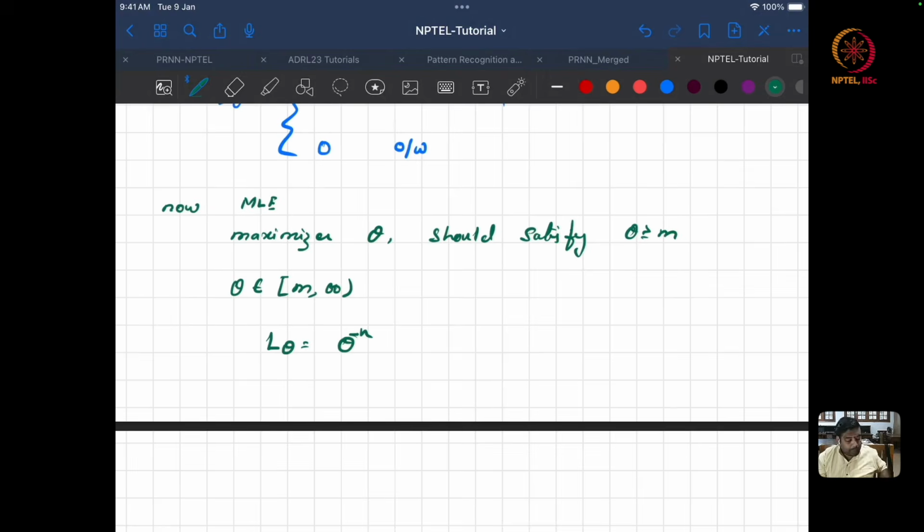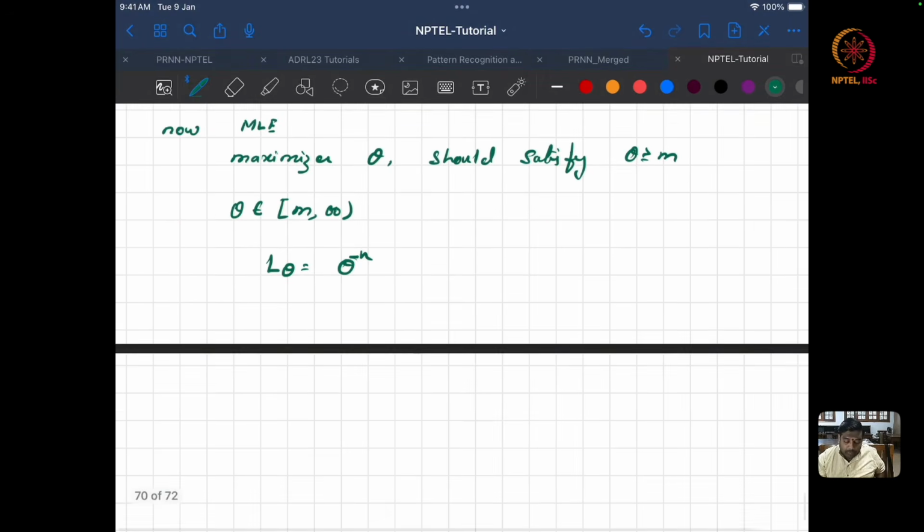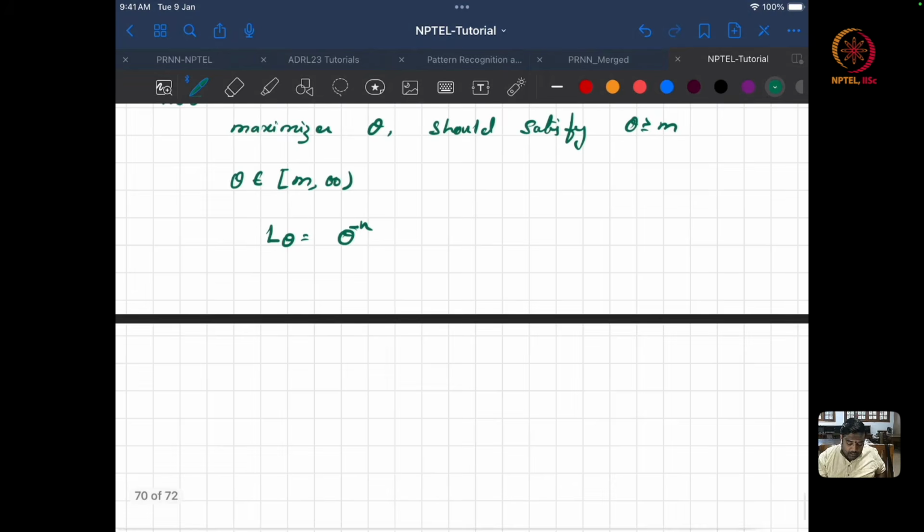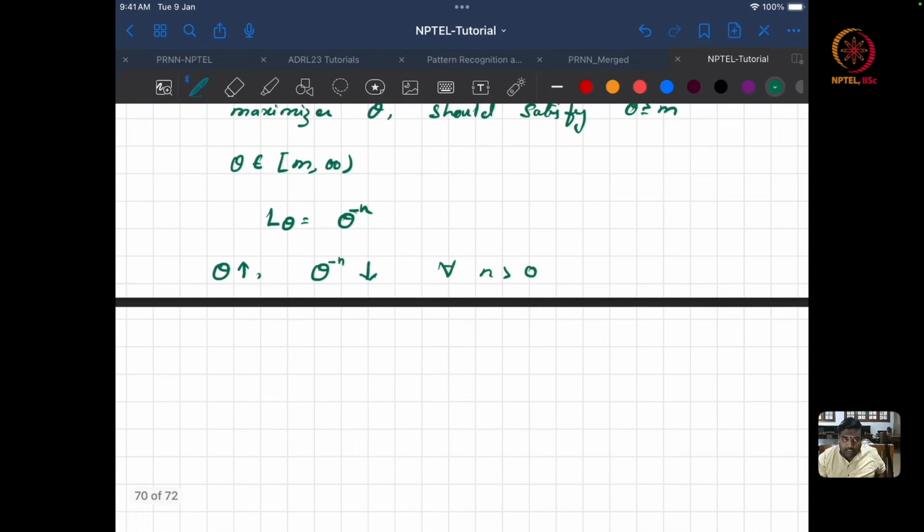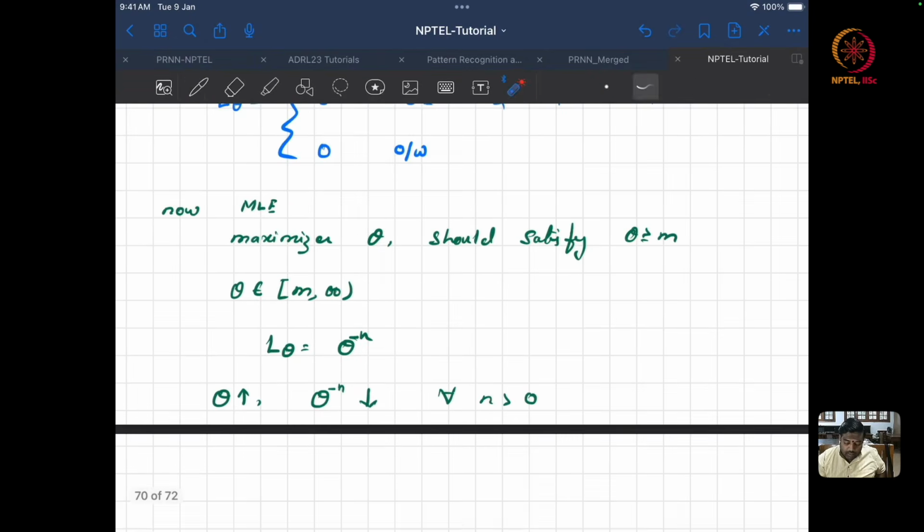Now, in this case, it is evident to see that as theta increases, theta to the power of minus n decreases for all n greater than 0. n greater than 0 makes sense, but for the sake of completeness. Now what do we mean by maximum likelihood estimation?